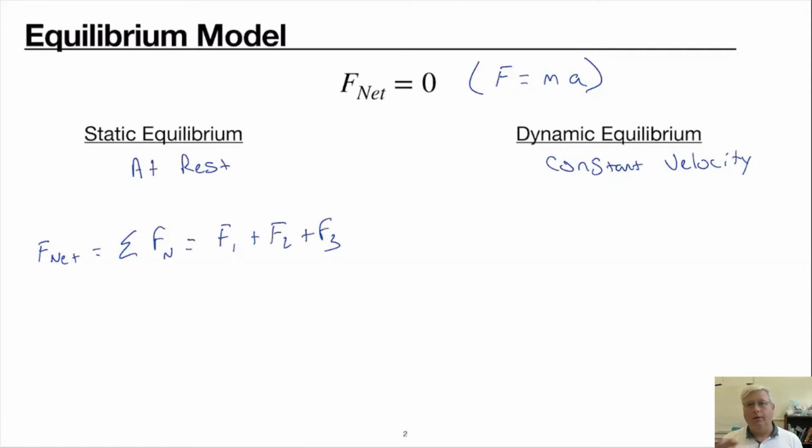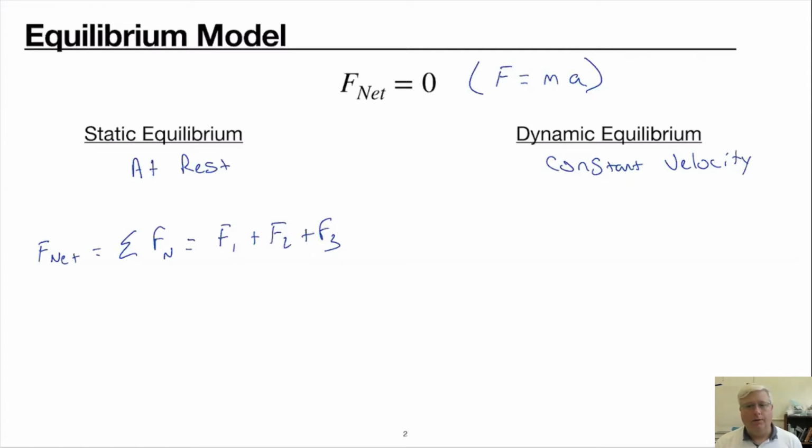So in the equilibrium model, we're basically just looking at situations where the net force is zero, which means that either an object's at rest or it's moving at a constant velocity. Either one of those situations is considered equilibrium.